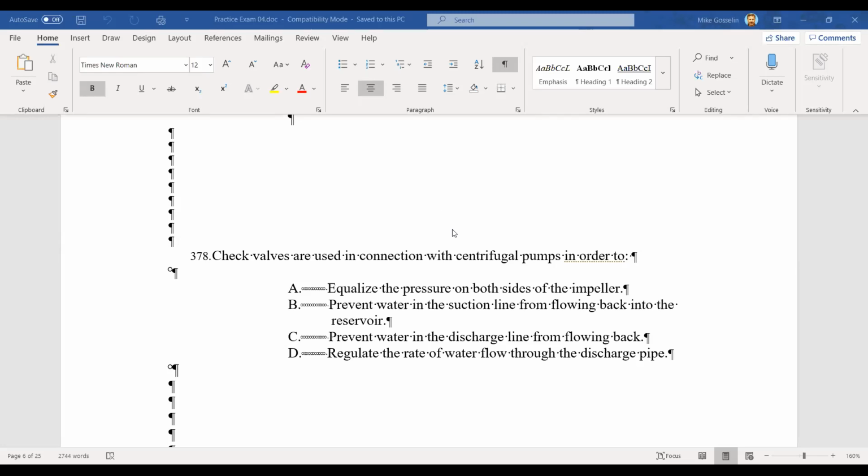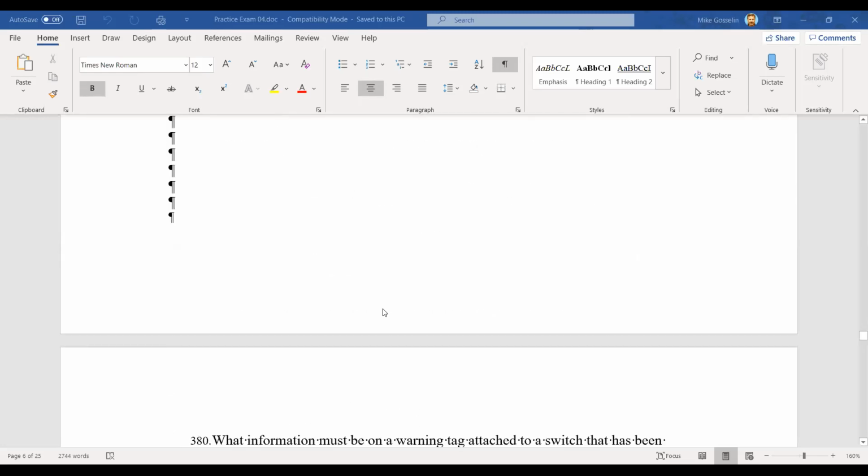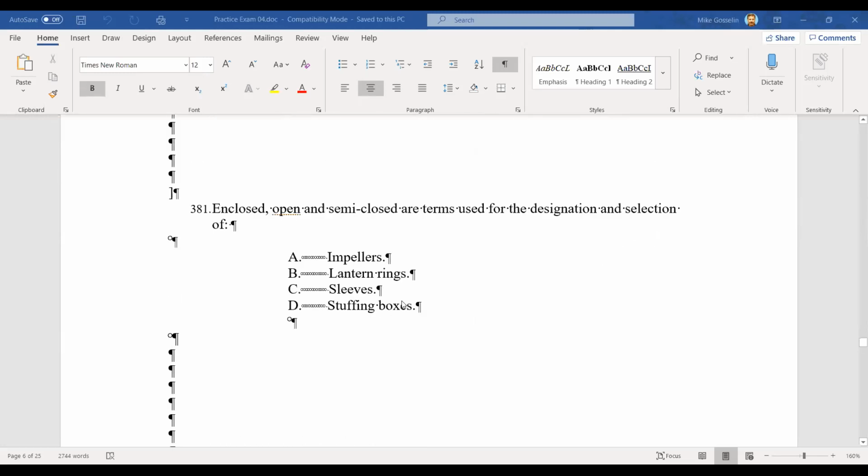Some interesting questions this morning for sure. Enclosed, open, and semi-closed are terms used for the designation and selection of... Okay, thoughts on that one?